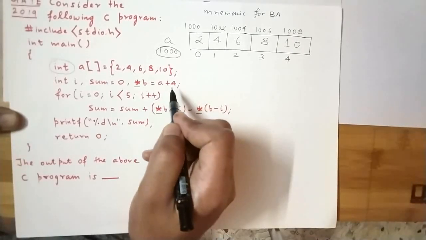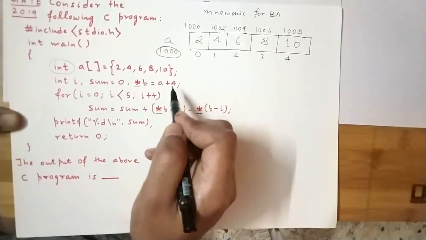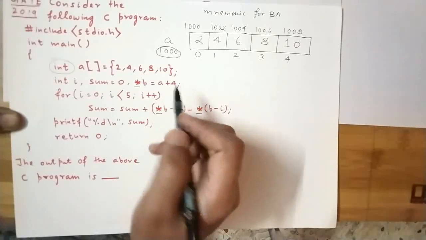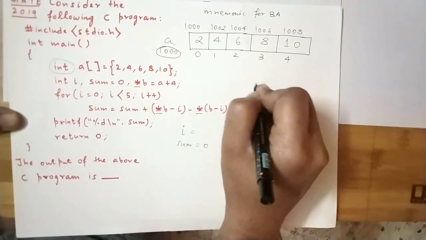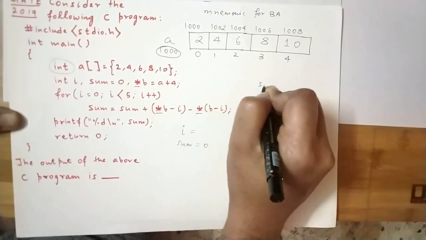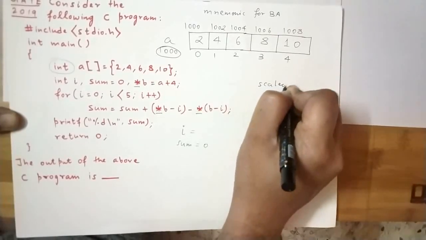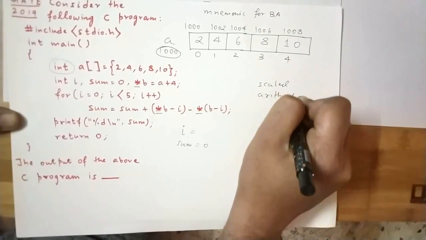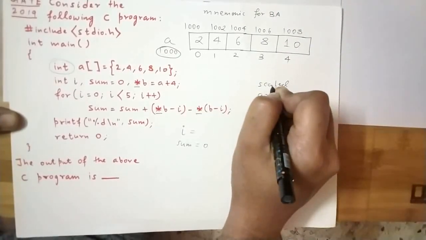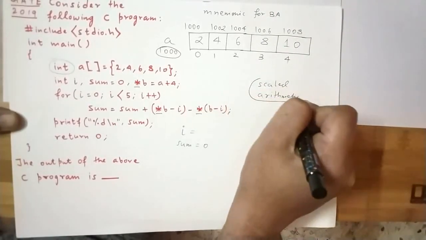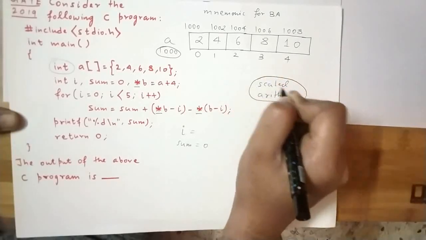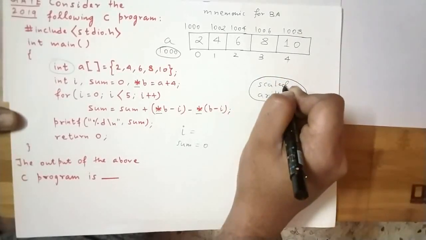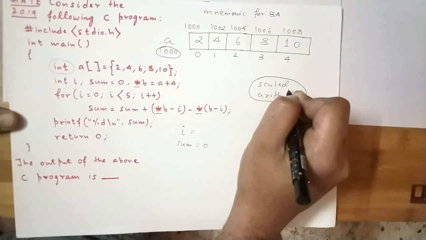In the case of pointer variables, it is always a case of scaled arithmetic. We always have to take into account the size of the data type of the variable to which the pointer is pointing.